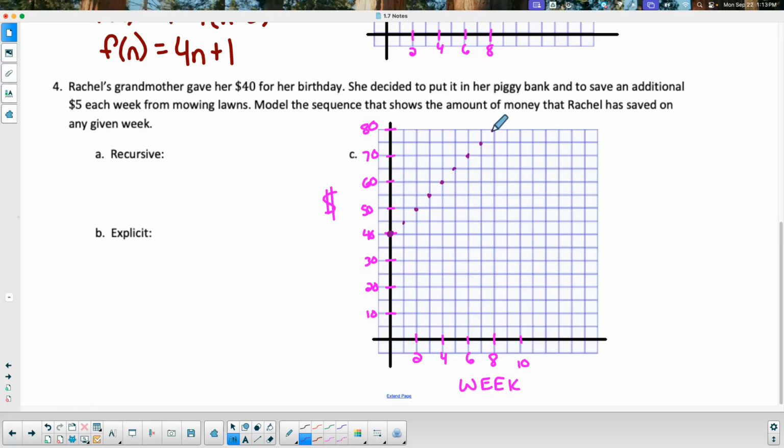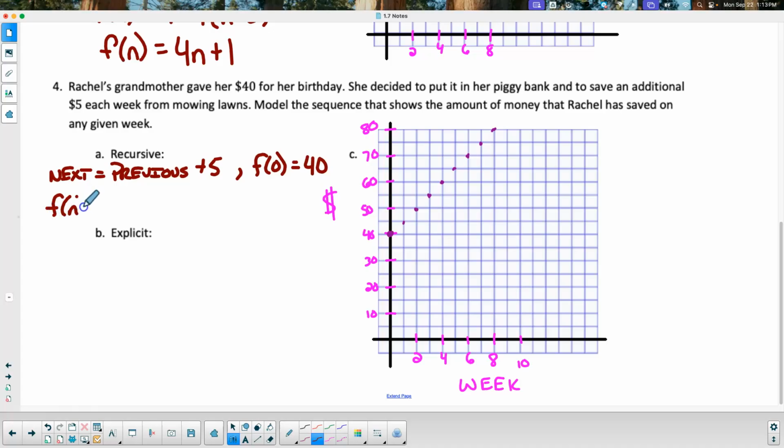So my recursive equation is going to be next equals previous plus 5, with f of 0 being 40.